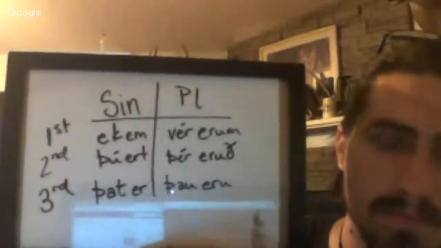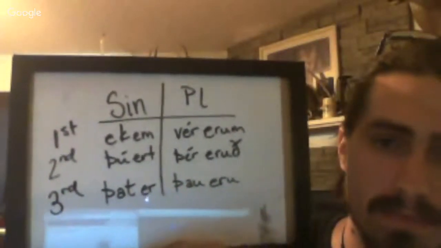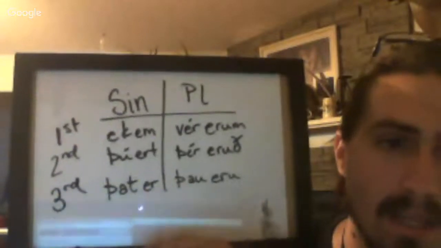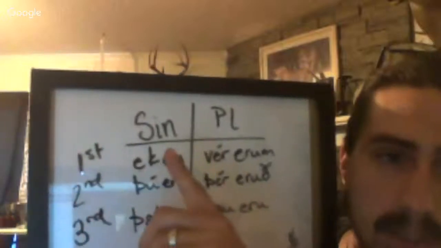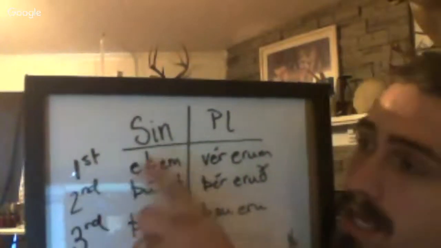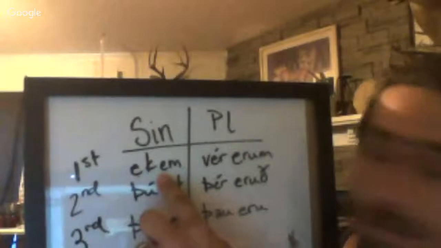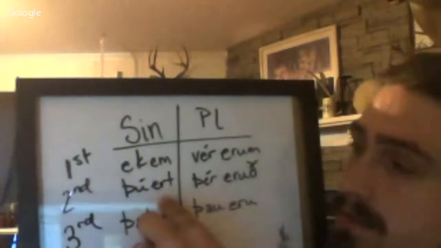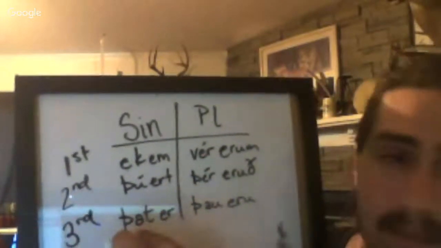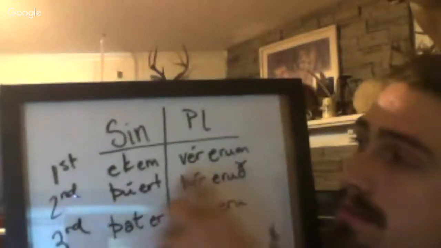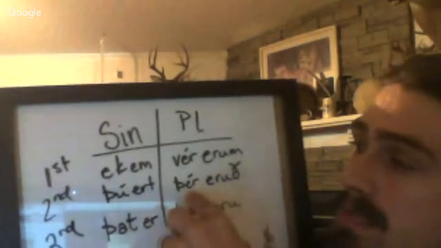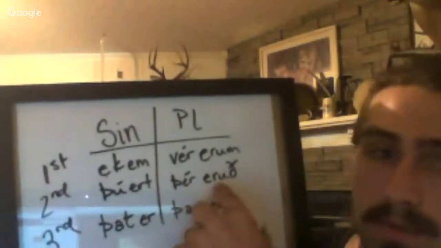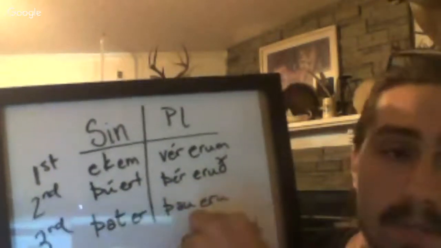So just to review the verb to be, with pronouns as well. So ek, em, thu, ert, that, er, ver, erum, ther, eruth, thau, eru.